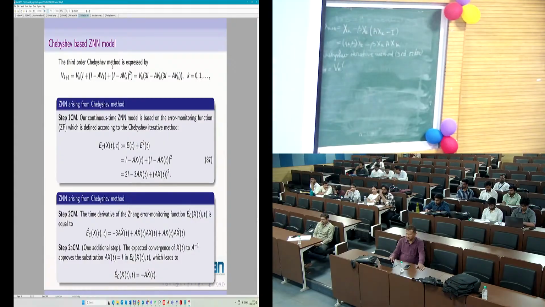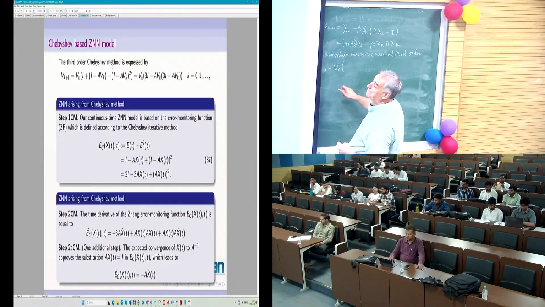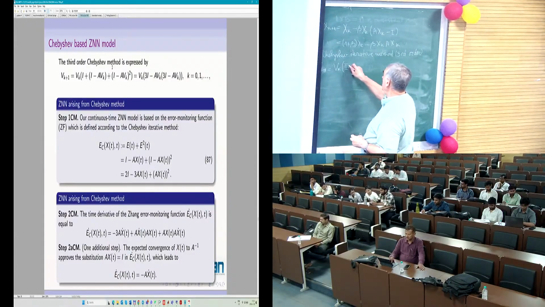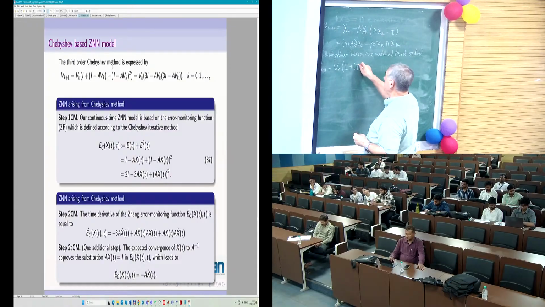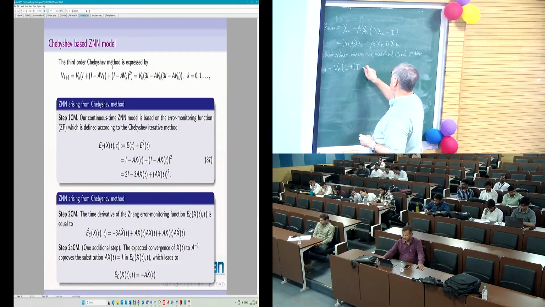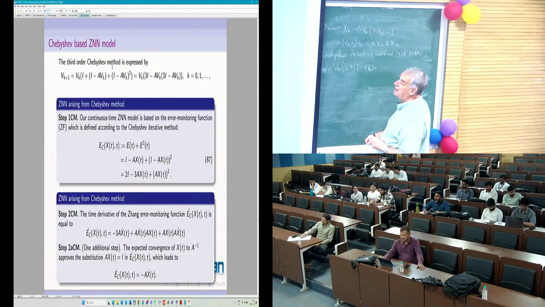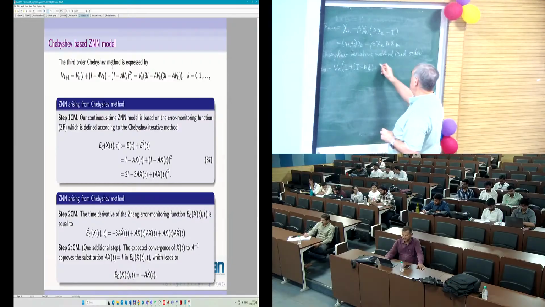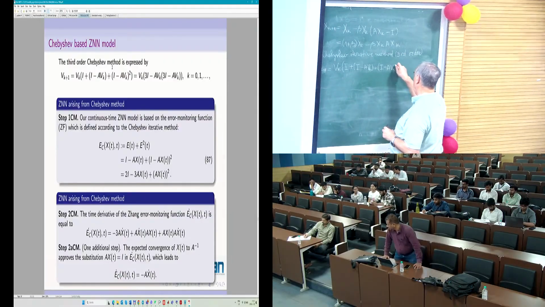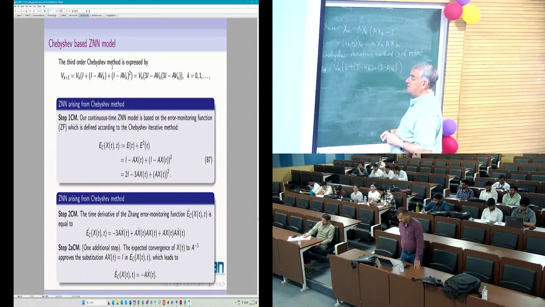I plus the first order residual error plus the second order residual error squared.